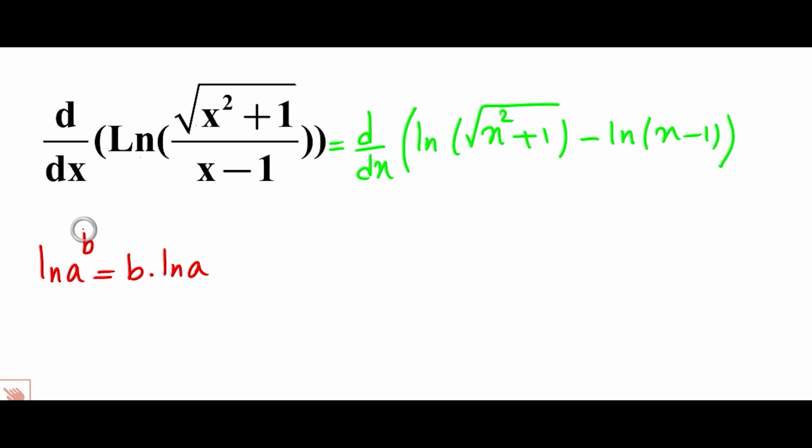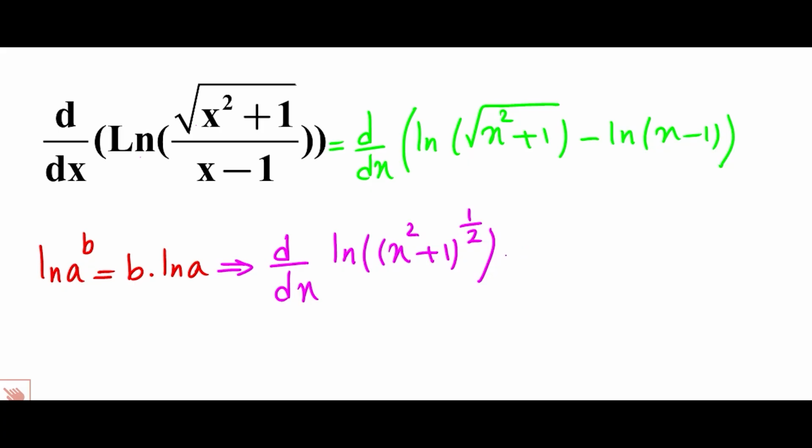We can bring the exponent down. Okay, so the derivative of ln of, we can write x squared plus 1 whole to the power of 1/2, minus ln of x minus 1.